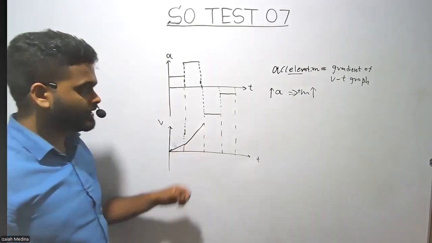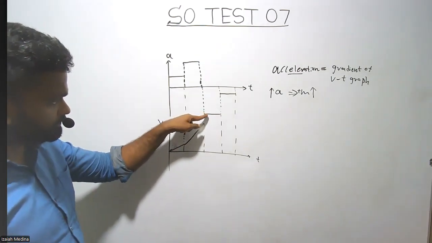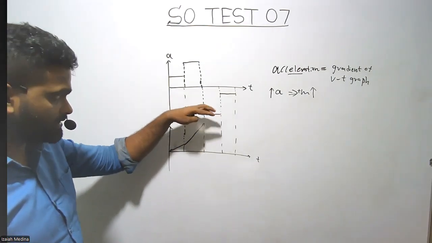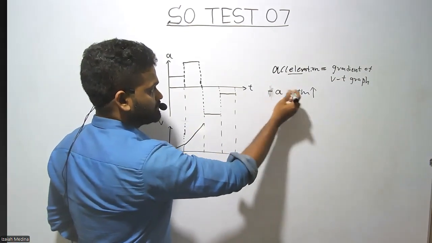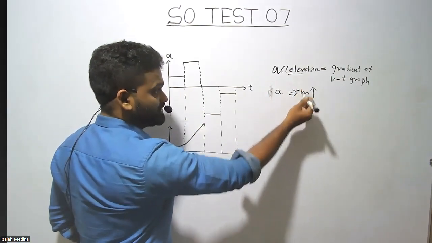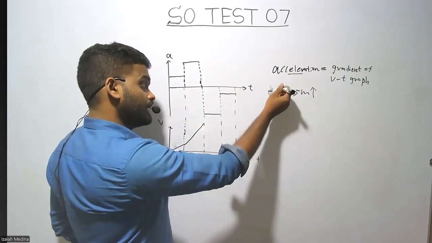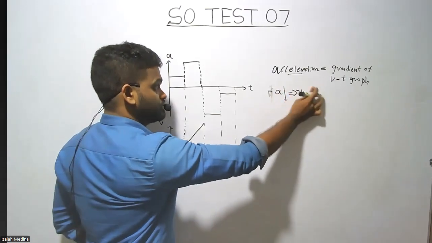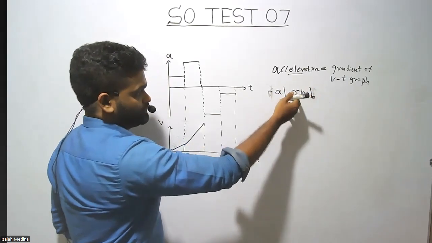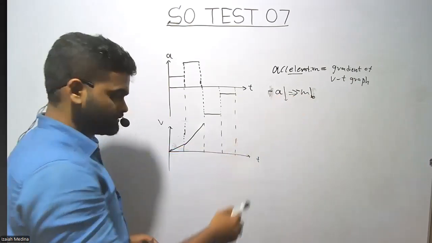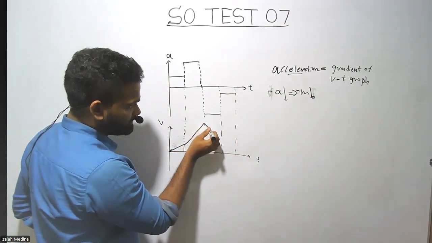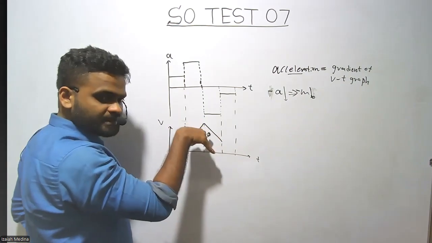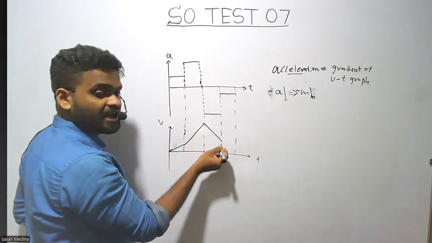Right? Then this part, negative acceleration but a higher value. Negative acceleration means the gradient also should be negative. And also it is a higher value. So negative, higher gradient, constant, right? So the gradient to this side is negative and also it's a higher gradient.